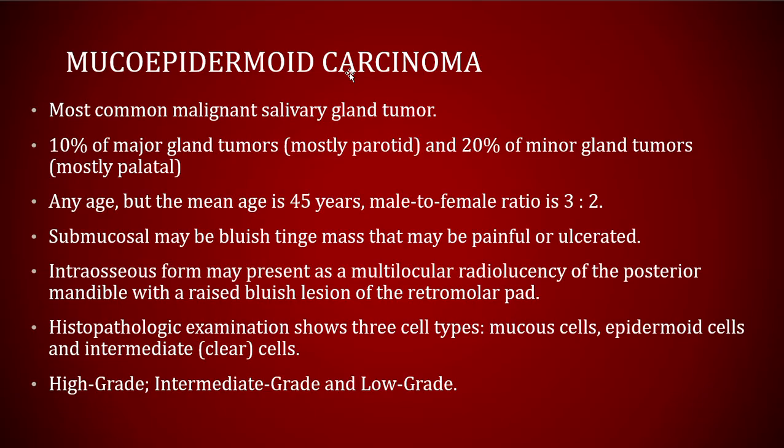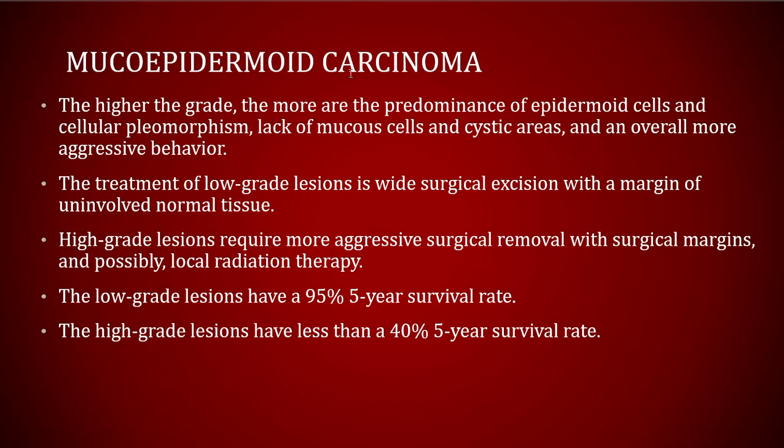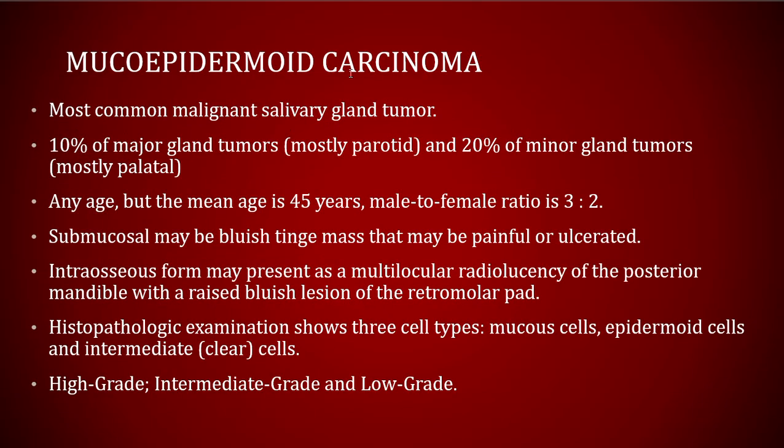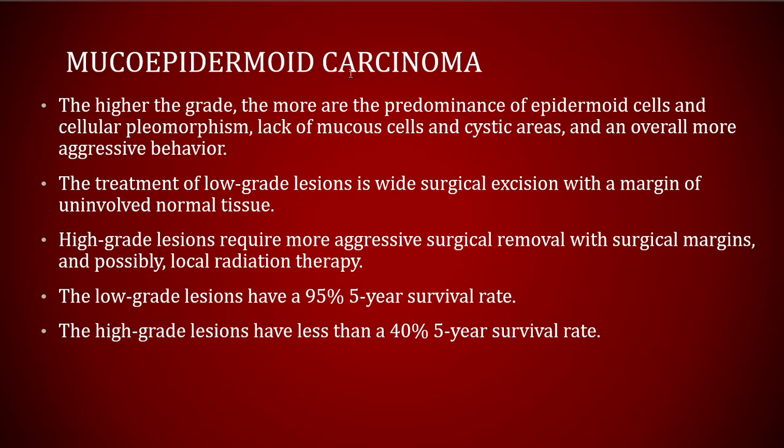Now there are three cell types: mucous cells, epidermoid cells, and intermediate cells. We divide them into high grade, low grade, and middle or intermediate grade. The more epidermoid cells, the more pleomorphism, the higher the grade, the worse the prognosis would be.